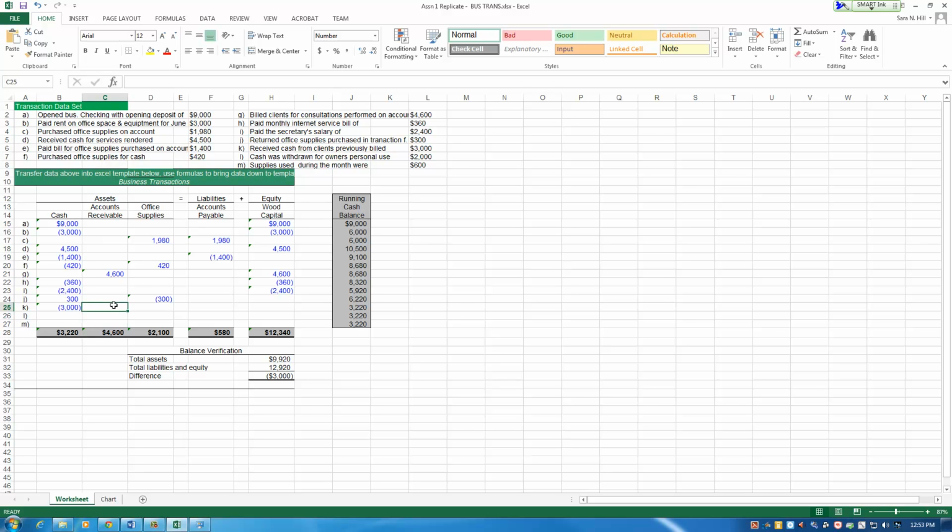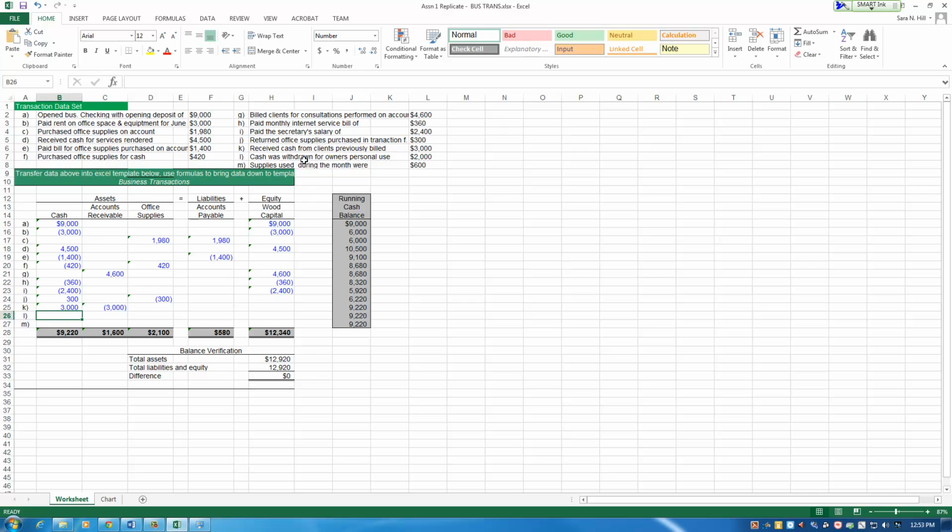That would reduce my accounts receivable if it was previously billed. You can see we have a difference, because we entered this in wrong. If I take away that incorrect negative sign, you can see we're back in balance again. Just to show you how useful this is, it gives you confidence that what you've entered in is correct.